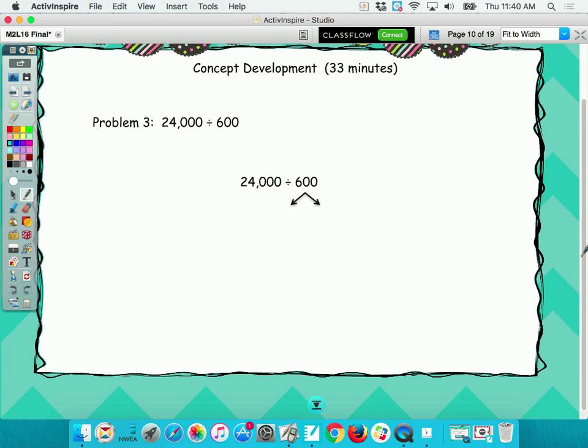Now those numbers that we just worked with are called powers of 10. You know that, don't you? 10, 100, 1,000, 10,000. This one is not a power of 10, but we're going to break it apart and pull out a power of 10. What power of 10 can I take out of 600? The 100 and a 6. Good.